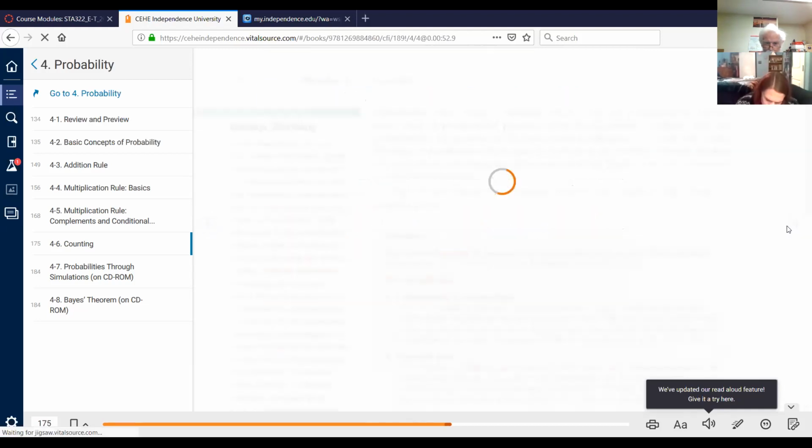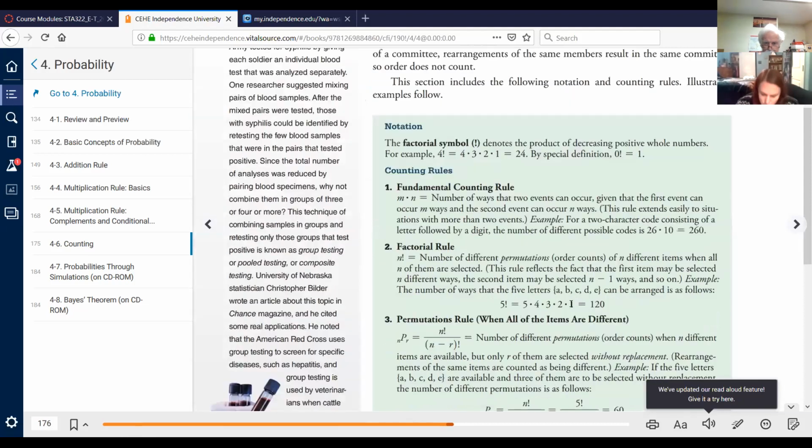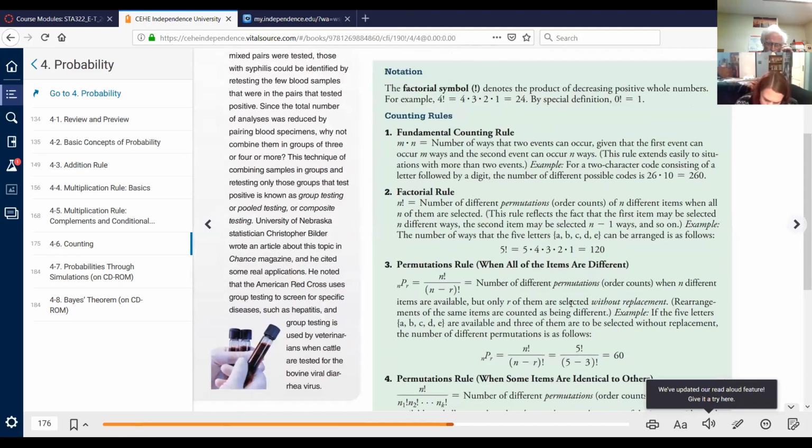Okay. So how do we do the calculations? Well, we can simply calculate, but I'm going to put up a couple of things. You've seen factorials. Factorials figure in here very, very strongly. So permutation rules.